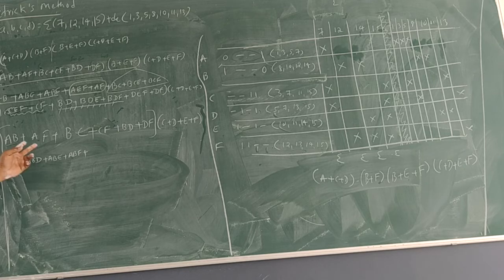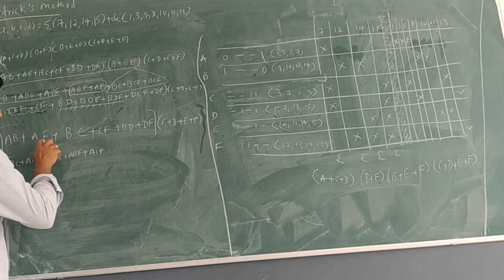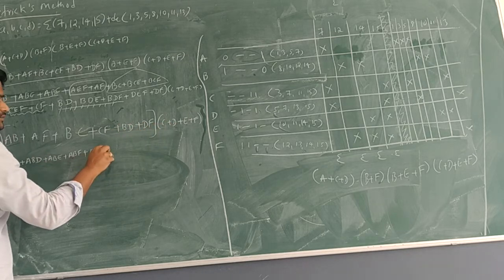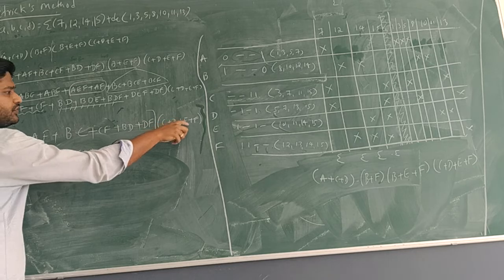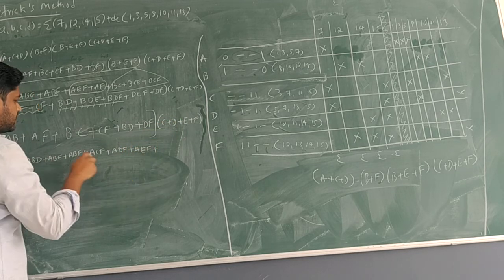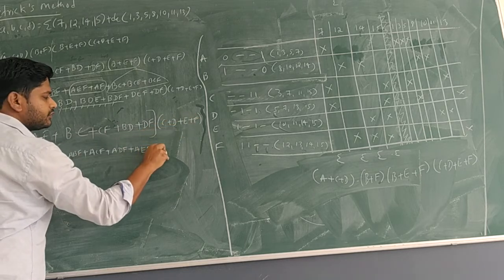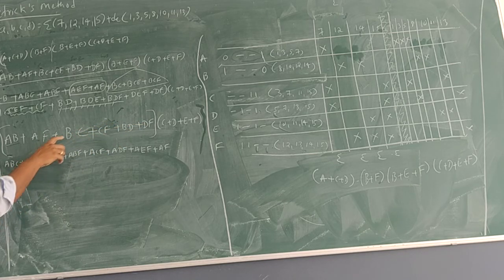plus AF into C. How to write? ACF. AF into D, ADF. AF into E, AEF, plus AF into F, AF. Now, plus BC into C, BC.